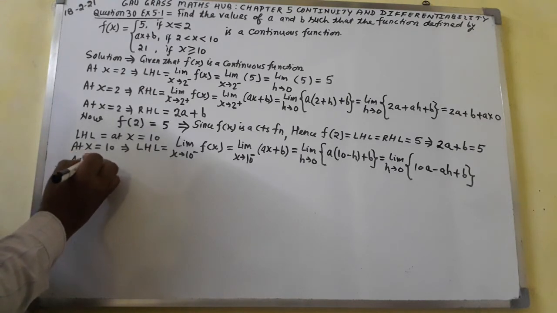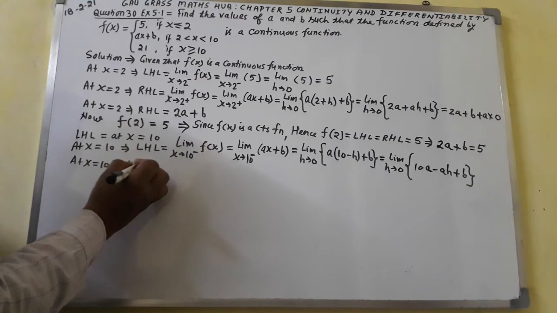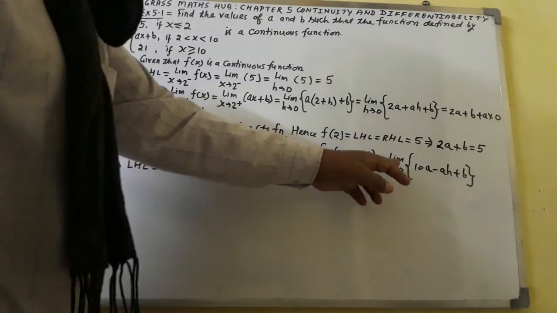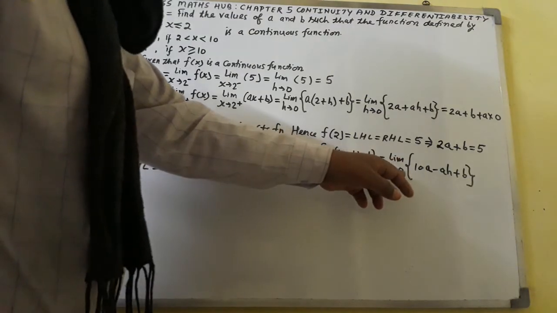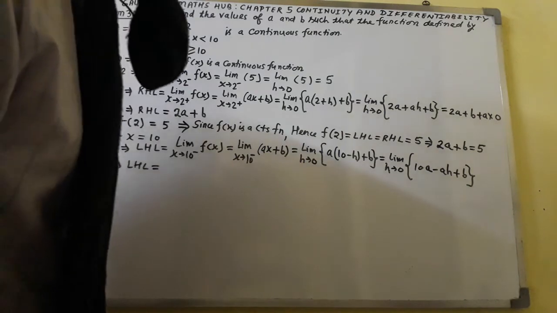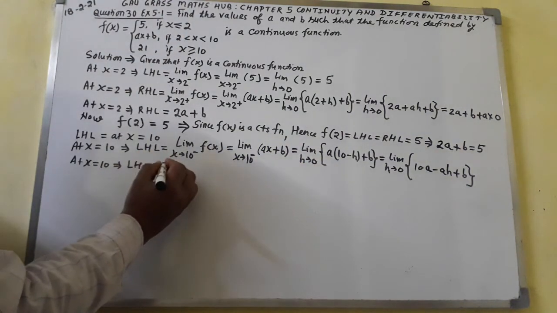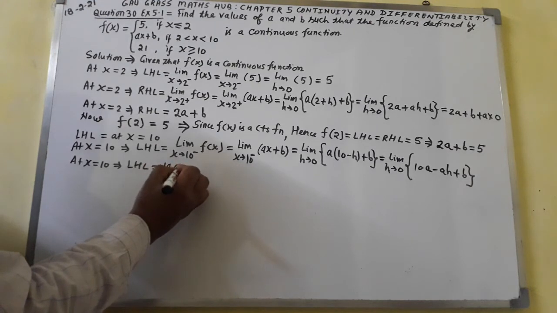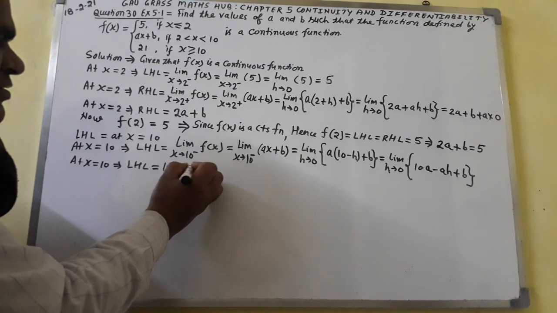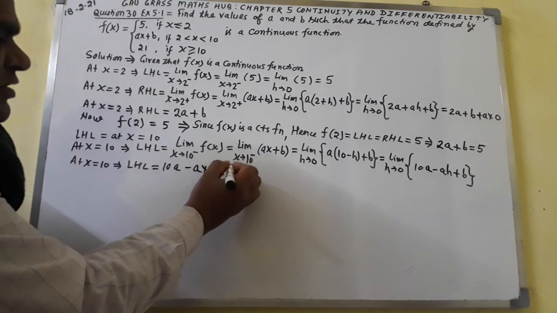At x equal to 10, the left hand limit equals, removing the limit h tends to 0 and putting the value here, 10a minus a into 0 plus b.